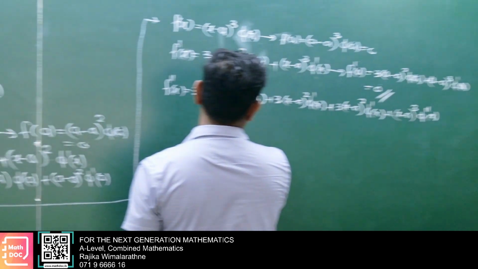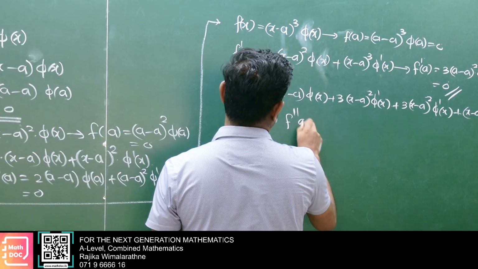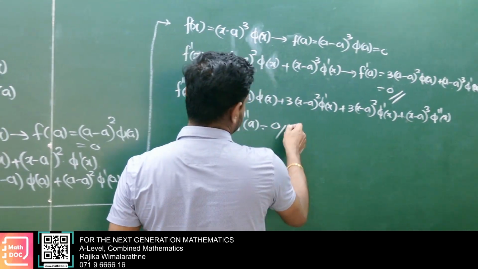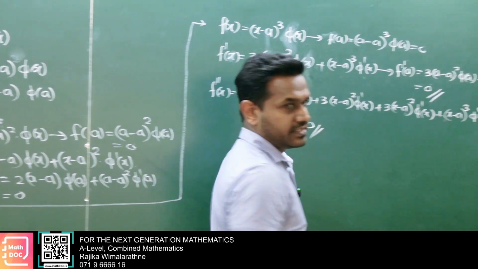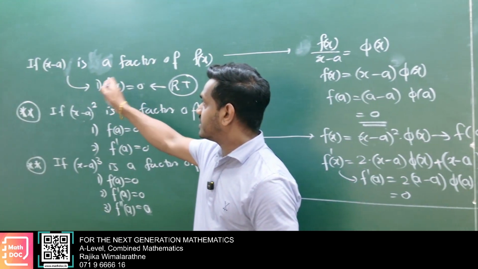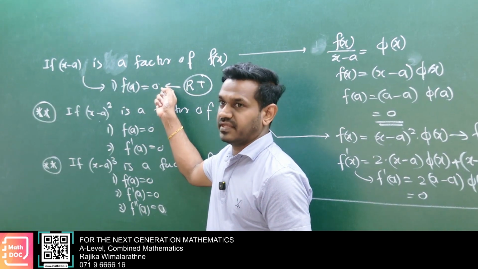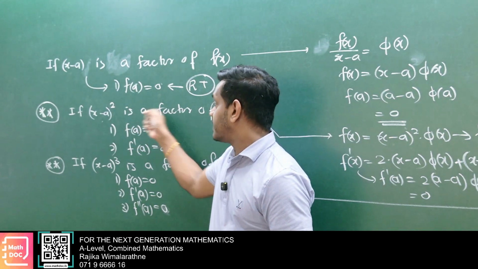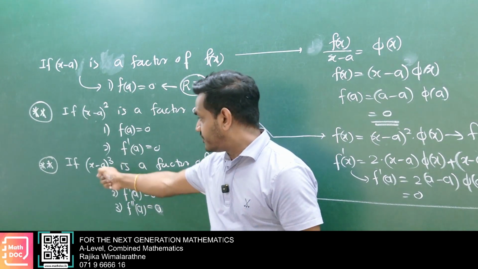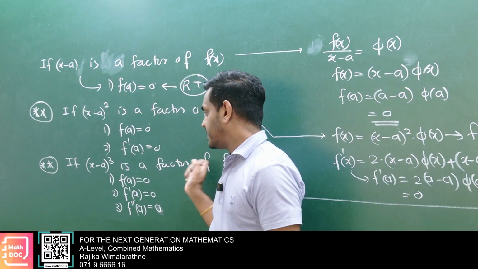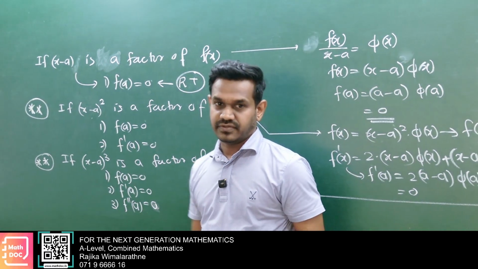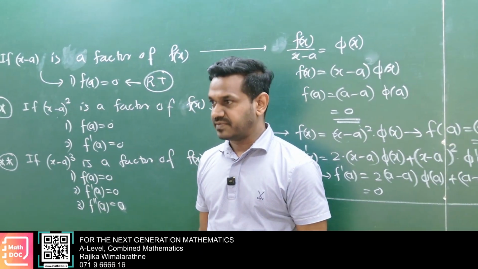Now by this f double dash a, here 0, 0, 0, 0, 0. That is the special relation. Okay. And remember, if x minus a is a factor of f(x), f(a) is 0. If (x minus a) squared is a factor of f(x), f(a) is 0, f dash a is 0, both 0. If (x minus a) cubed is a factor of f(x), then f(a) is 0, f dash a is 0, f double dash a is 0. All three 0. That is a very special relation.